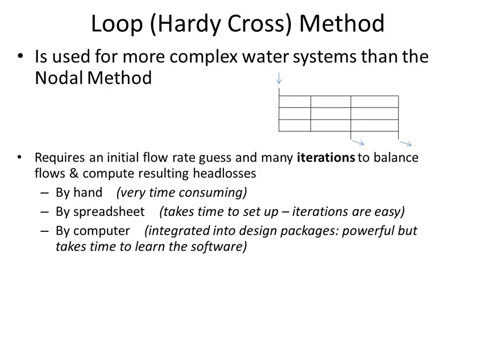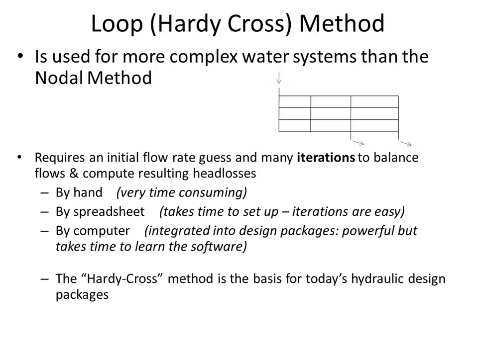And then the Hardy-Cross method is what's built into WaterGEMS, and so it's really powerful, but if you don't understand the underlying math and you don't understand the limitations, then it's easy to perpetuate big mistakes when you're using a computer. So hopefully through the process of trying it out by hand and setting it up on the spreadsheet, you'll be in a better position to use WaterGEMS responsibly.